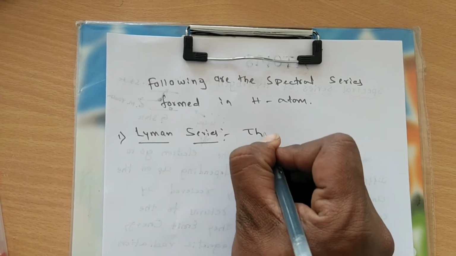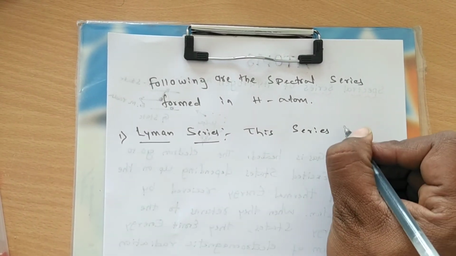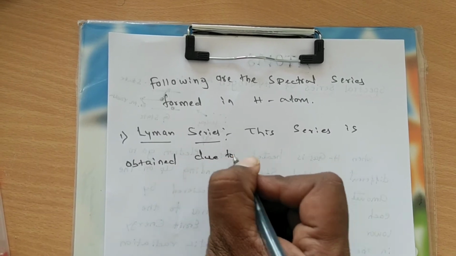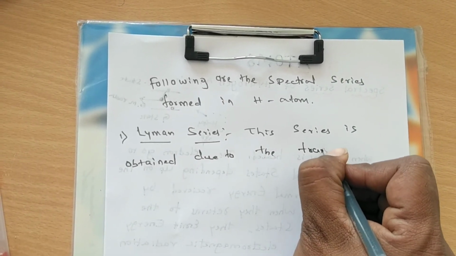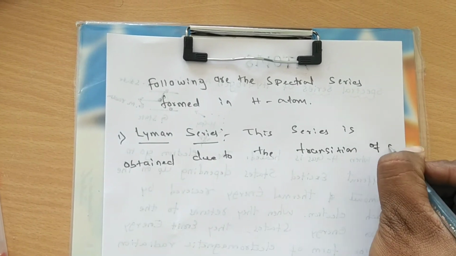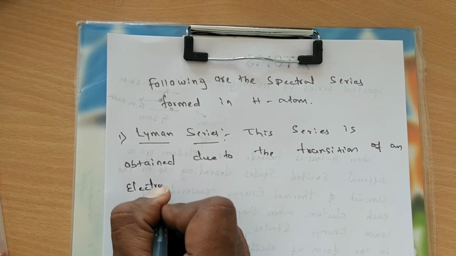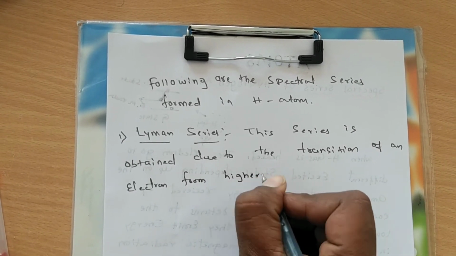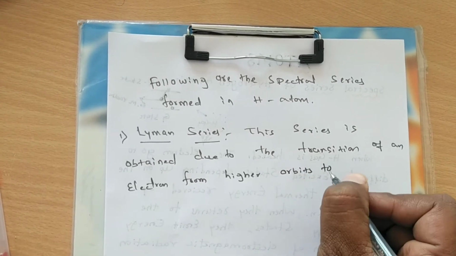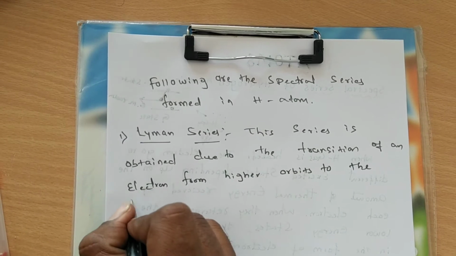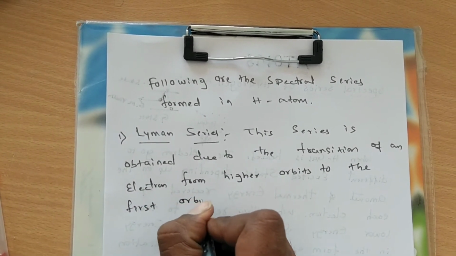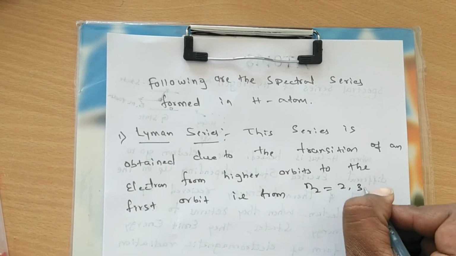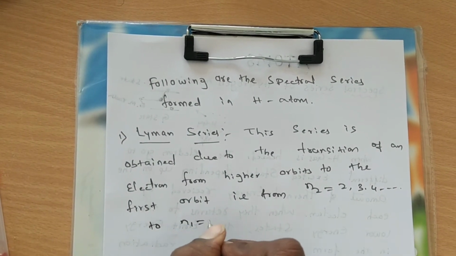This series is obtained due to the transition of an electron from higher orbits to the first orbit, that is from n2 is equal to 2, 3, 4 and so on to n1 is equal to 1.